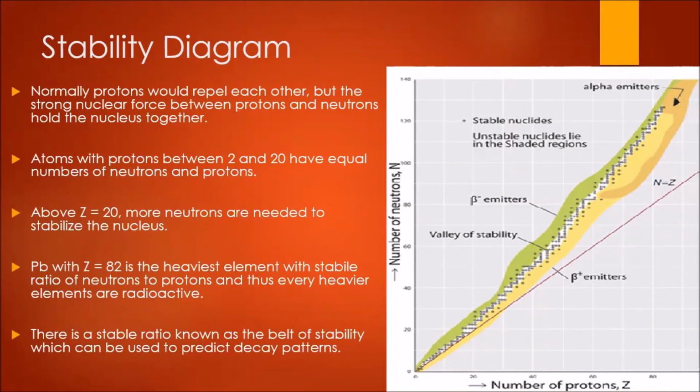Now, some of these guys will be more radioactive than others, but many of them are going to be highly radioactive. Now, there's a stable ratio known as the belt of stability, which we can use to predict the decay pattern. So all these little dots right here is this belt of stability. Right here, this red line is where the amount of protons and neutrons are the same.